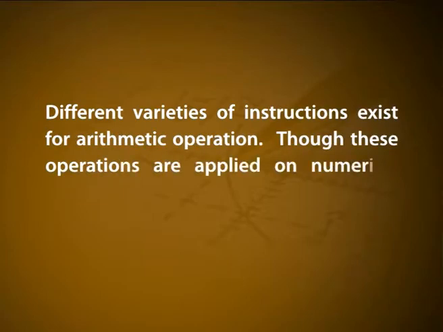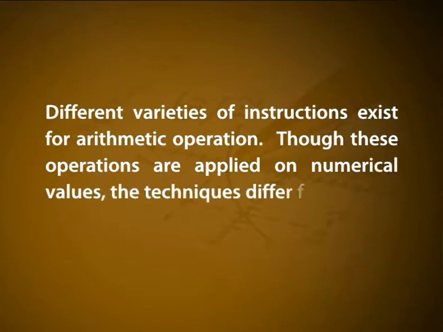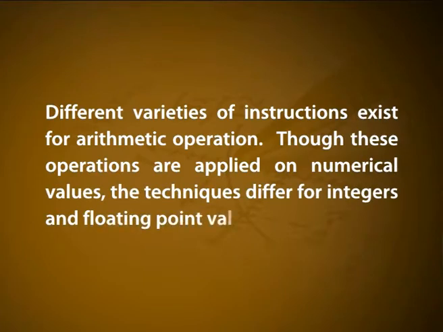Though these operations are applied on numerical values, the techniques differ for integers and floating point values. For integers, it requires column by column addition, which is a straightforward method. But for floating point values, it should first extract the mantissa of each, shift them right or left according to the exponent field, check the sign bits and then perform the addition.